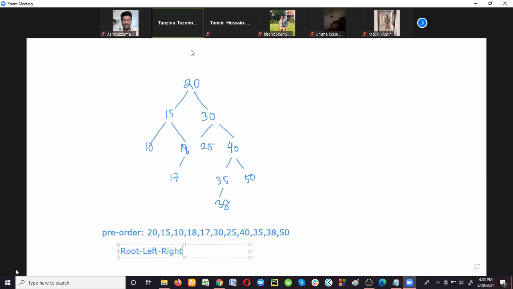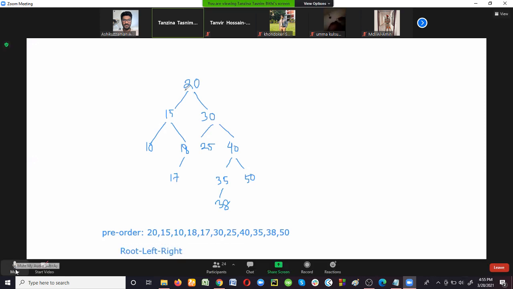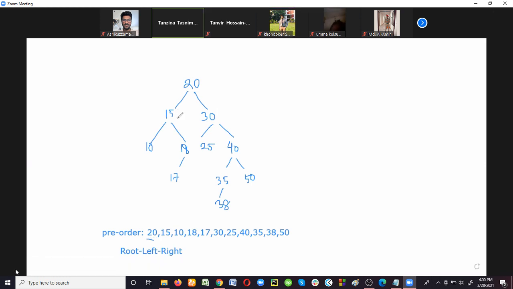Okay, so here which one is the root node? 20. So at first we'll traverse 20. Okay, then 15 is a left child, or this is the left subtree of that tree, and 15 is a parent node which has two children. So at first we will take 15 and then its left child is 10, but it's not a parent node, so we can take its value, right? 10.